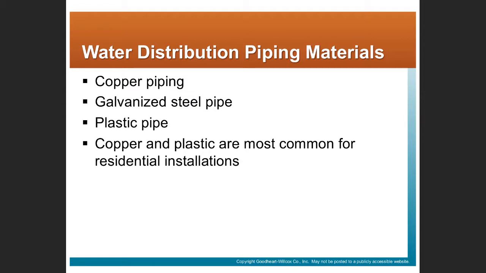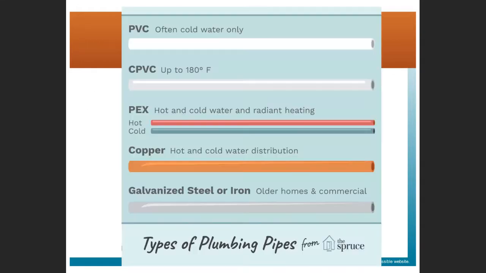That's probably true for today, but if many of you live in older homes, like the house that I live in, years ago when we redid part of our house, we had to change out galvanized steel piping to copper. So you could easily have galvanized steel in an older home as opposed to copper. But copper and plastic are going to be the more common piping materials today.